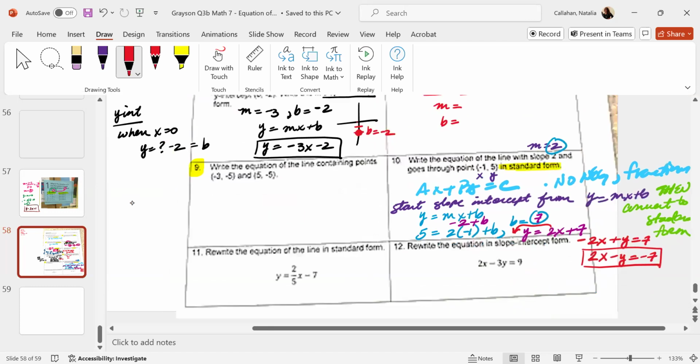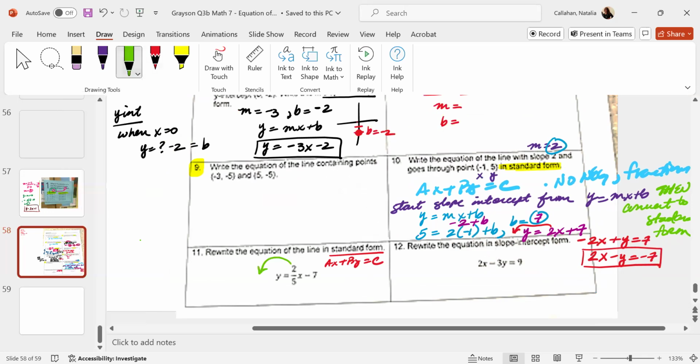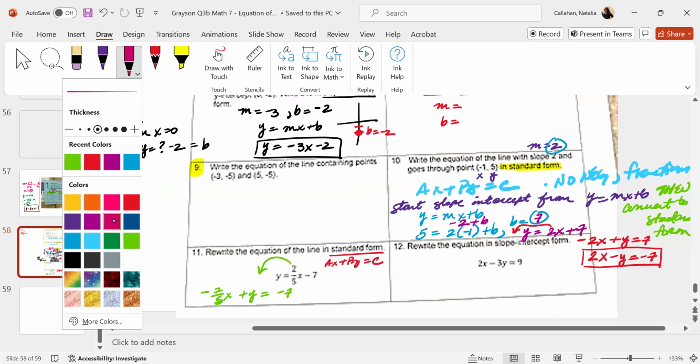Okay, number 11. Rewrite this one in standard form. What is standard form again? So what do I need to move? Okay, so this one, you do have a negative and a fraction. So what do I need to do to get rid of the fraction?